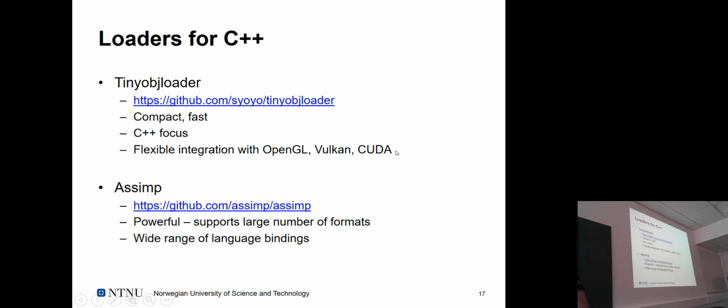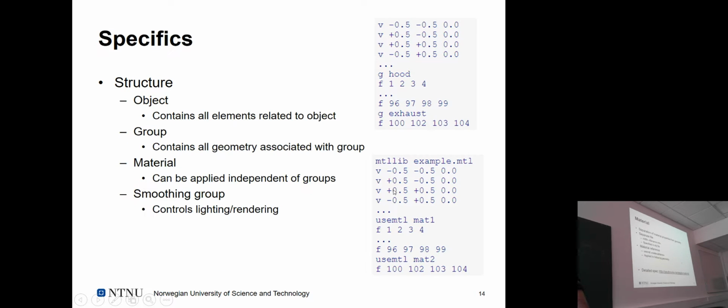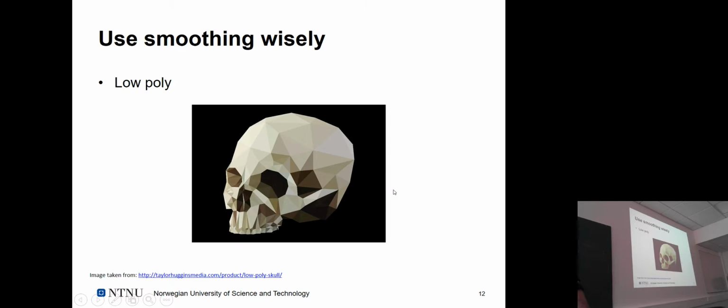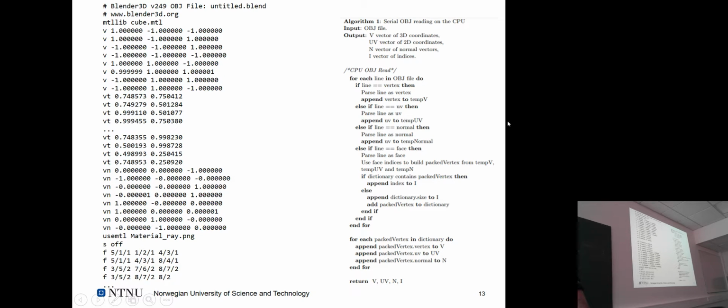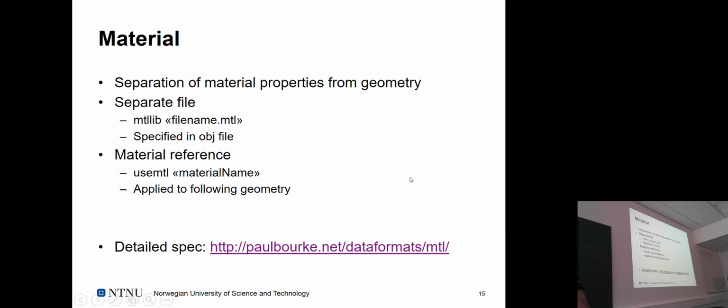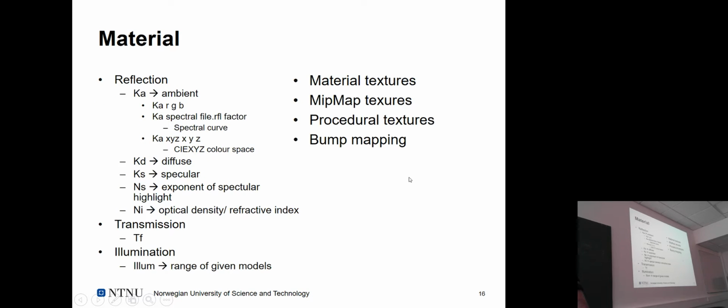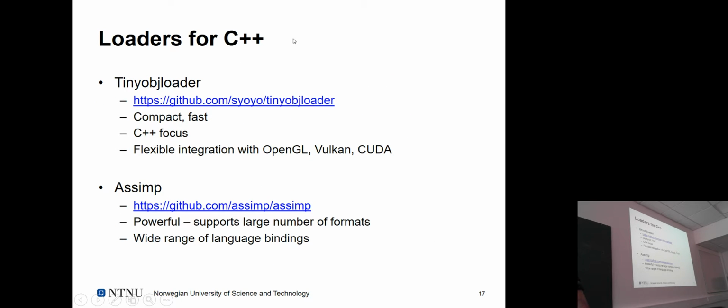Yeah, loaders. So I showed you a very simplistic loader. Actually, this is pseudocode, a kind of C++ implementation, but you don't need to worry too much about it because there are some loaders already available for you.